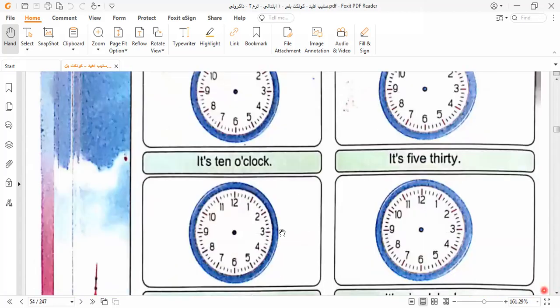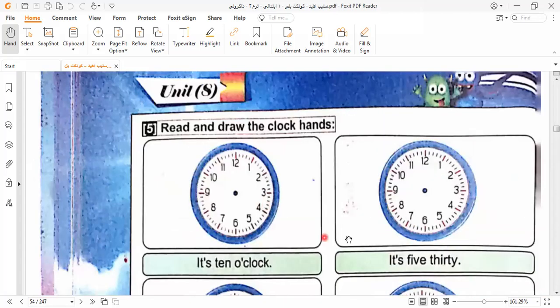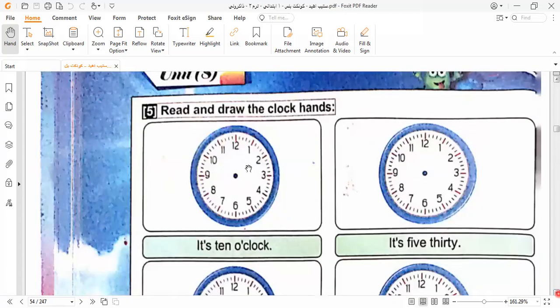Okay, here I answer some of this exercise, and I will leave you the rest to do. Here is the clock. As we know, we say 5, 10, 15, 20, 25, 30, 35, 40, 45, 50, 55, and 60.